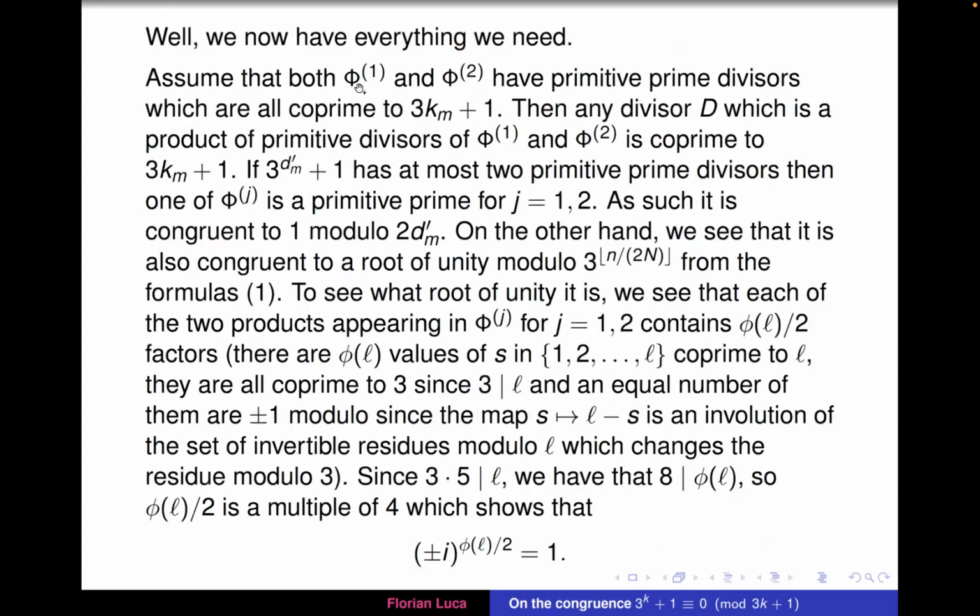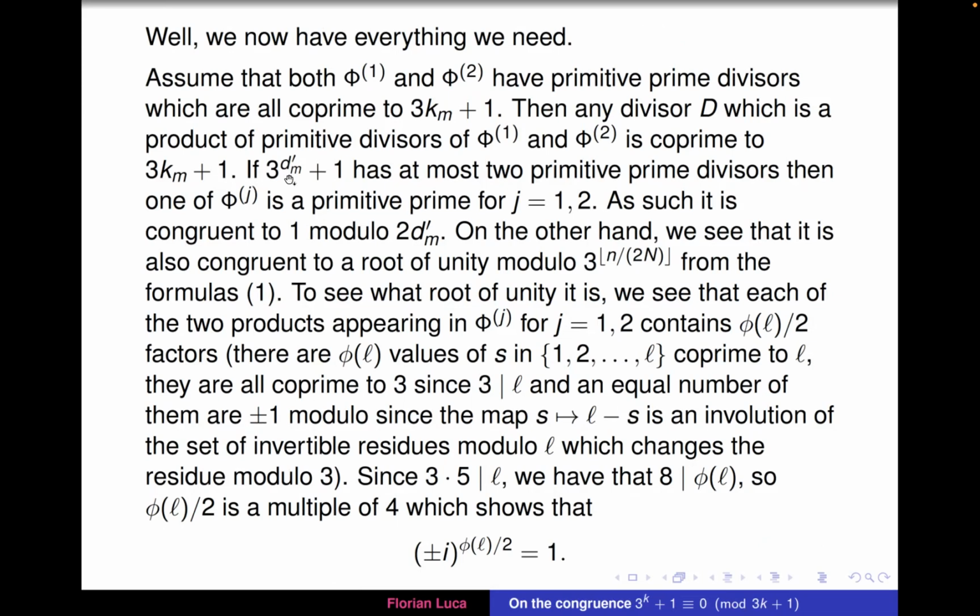Now suppose that phi1 and phi2 have primitive prime factors. And let's assume that these primitive prime factors are co-prime to 3^(km)+1. We will prove later that this is so. Then any divisor which is a product of primitive prime factors is also co-prime to 3 to the power km+1.